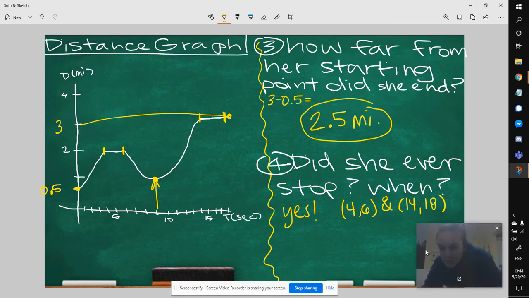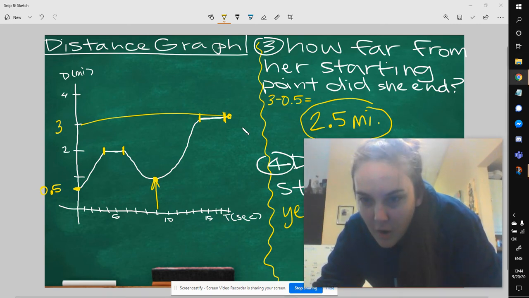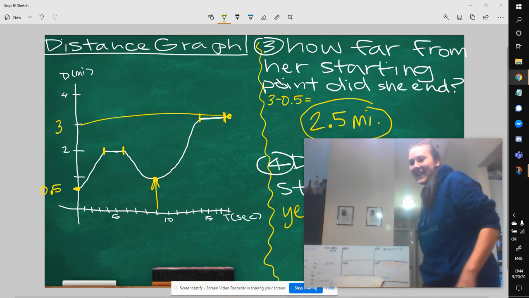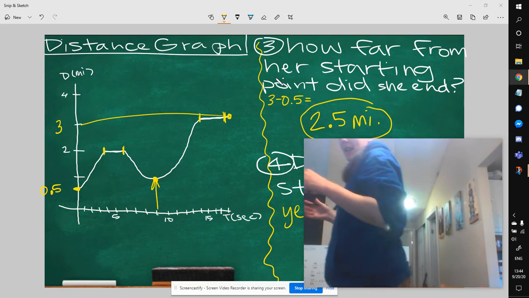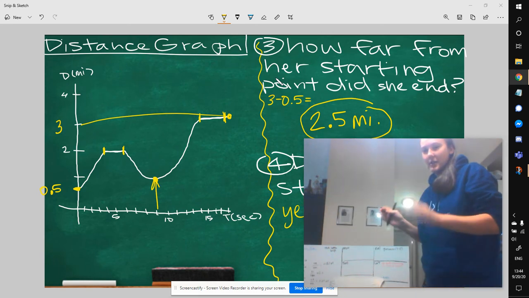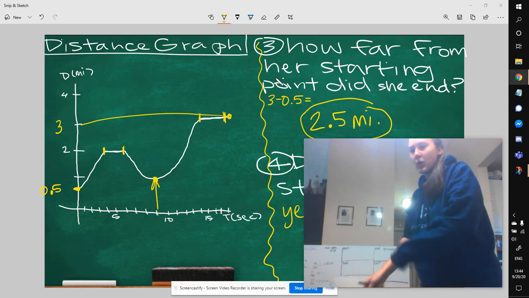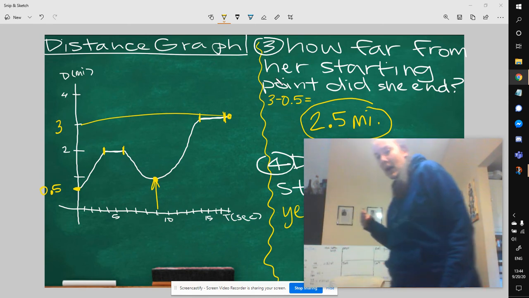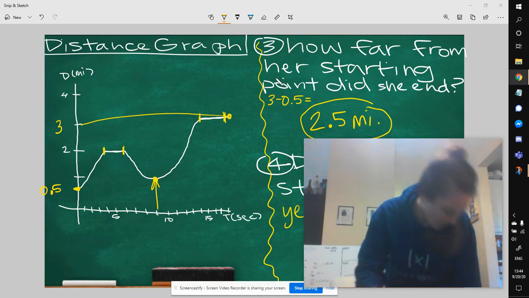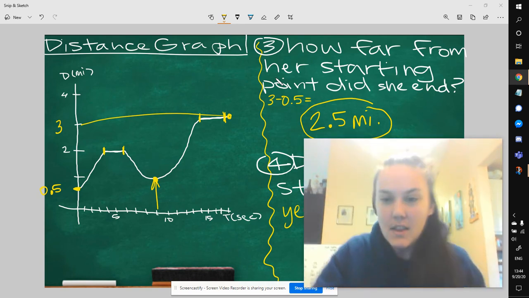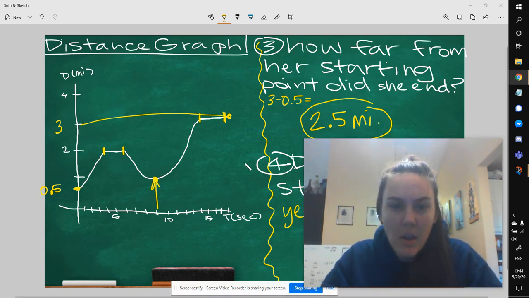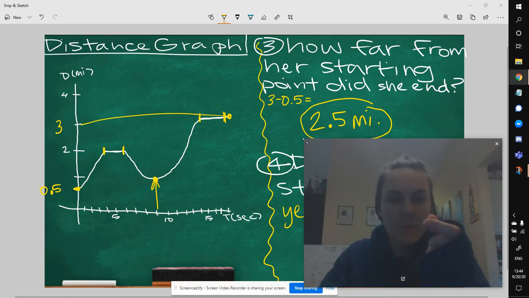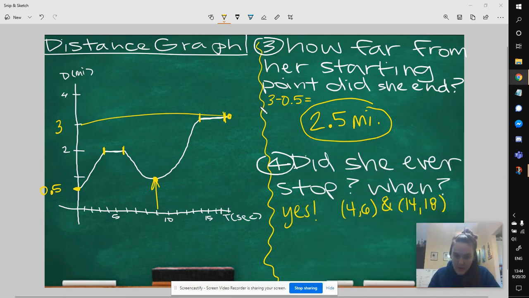If I'm going to walk forward and then start walking backwards, I had to completely stop my velocity in order to move backwards. So at this very bottom point, at the vertex of this parabola looking thing, is a split second where we stopped.